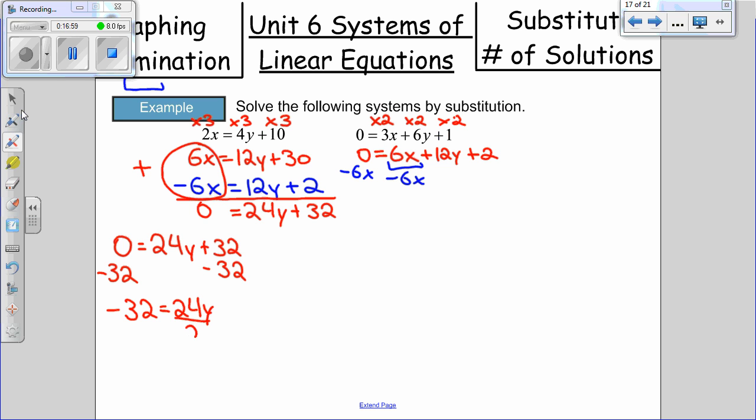When I do that, you're going to put 32 divided by 24 in your calculator, and you're going to get 1.333333. Remember, we're going to write that as a fraction. So you're going to go math frac on that thing, and you're going to have negative 4 over 3 equals y.